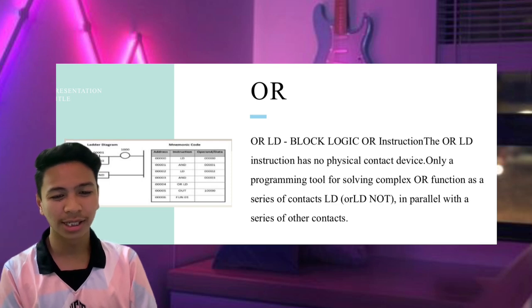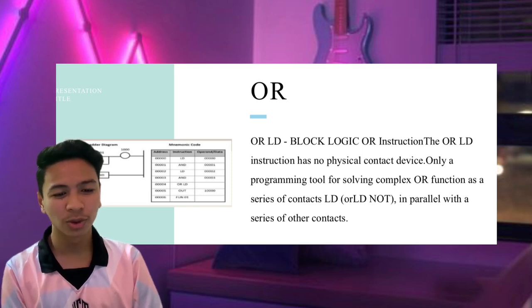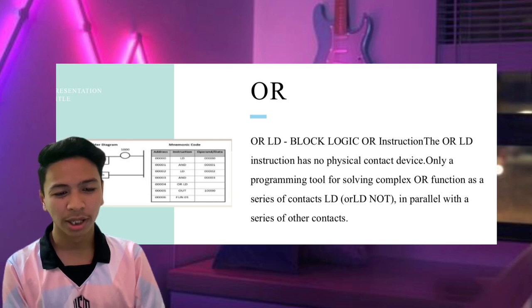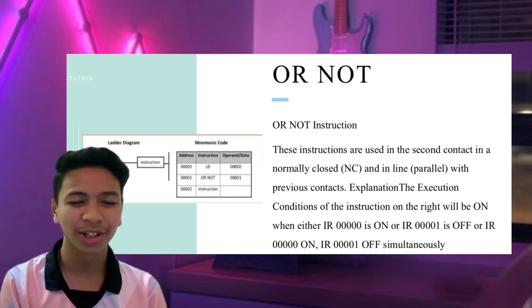Next is OR LD, block logic or instruction. The OR LD instruction has no physical contact device, only a programming tool for solving complex functions, as a series of contacts LD in parallel with a series of other contacts. Next, OR not instruction. These instructions are used in the second contact in a normally closed and in line parallel with previous contacts.